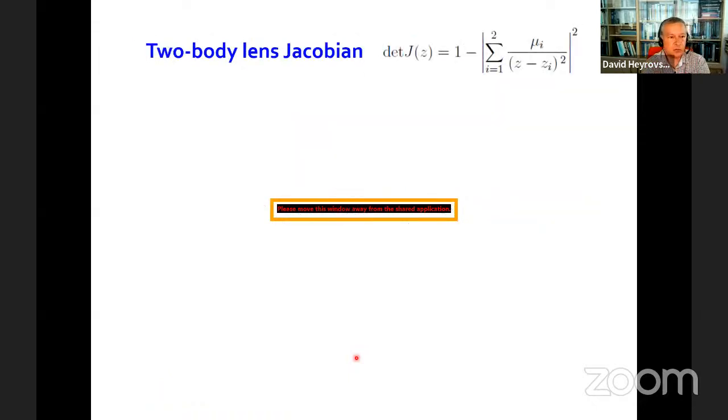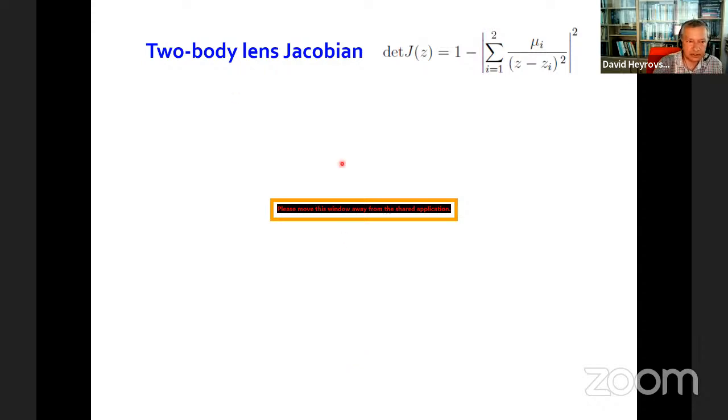And what we did with Kamil Daněk is, well, first we were playing around, but then we also started to look systematically at how you can say what are the different regimes and when does one regime transform into another. And it turns out it's very useful to start from the lens Jacobian, which, first of all, identifies the critical curve, but it also tells you the amplification, in principle, parity of images and other things.